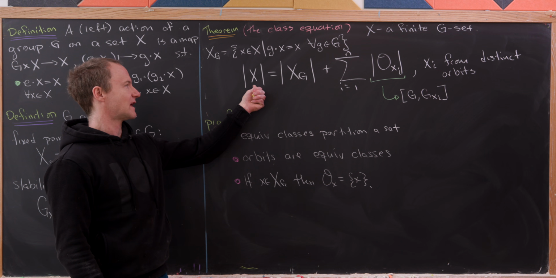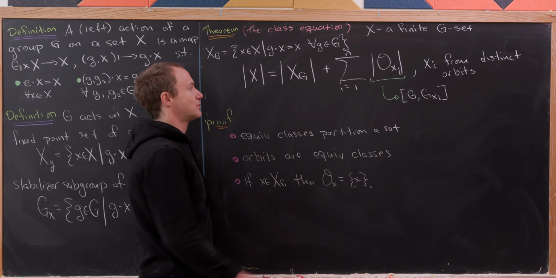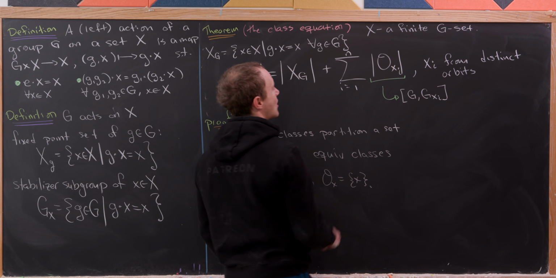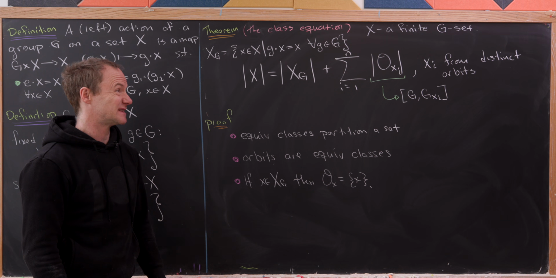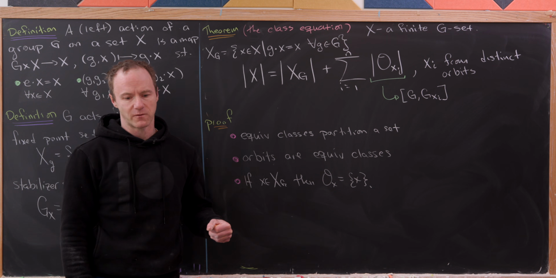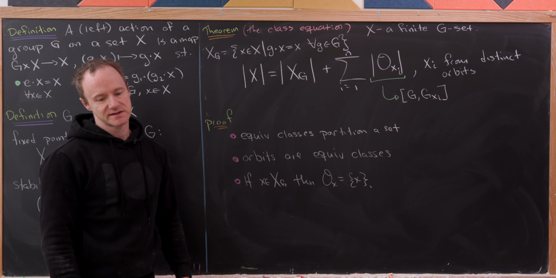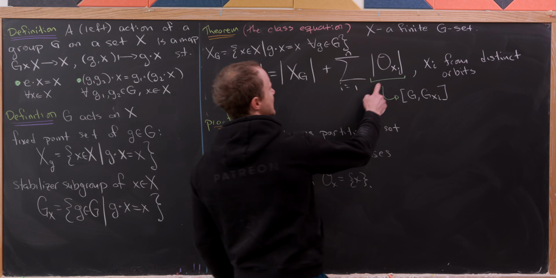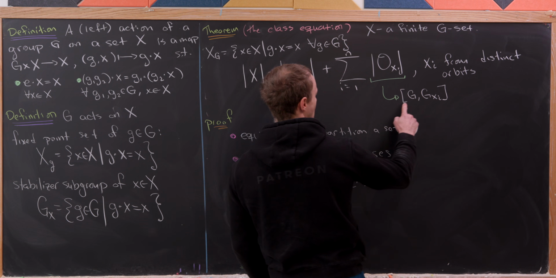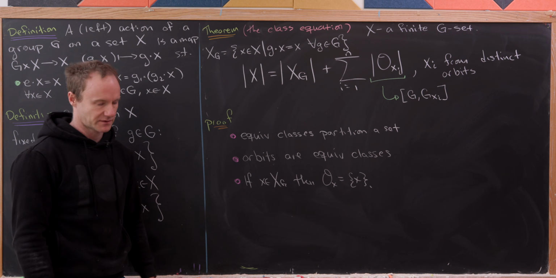So that says the number of elements in X is the number of elements in X_G plus the sum as i goes from 1 to n of the cardinality or number of elements in the orbit of x_i, where the x_i form representatives from all of the distinct orbits. Now let's recall that this cardinality of the orbit of x_i is also the index of G_{x_i} in G, just for what it's worth.